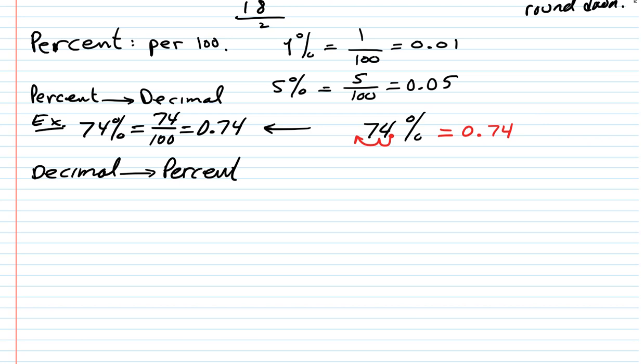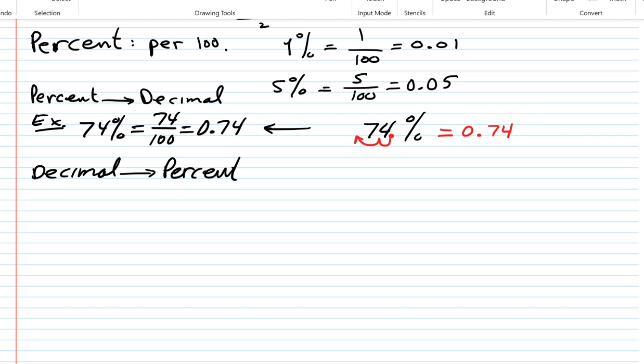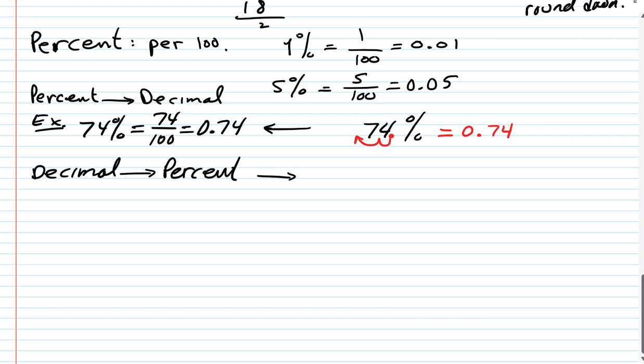All right, and let's say, how do we go from decimal to percent? To go from decimal to percent, like 0.74, you do just the opposite. This time the movement is to the right. That's going to be 74. Notice the number 74 now is 100 times bigger, isn't it? So it's really like multiplying by 100.